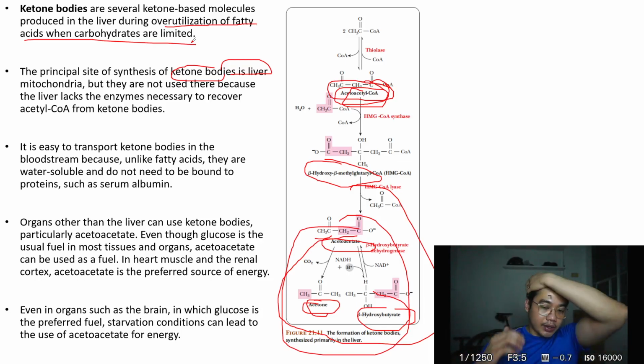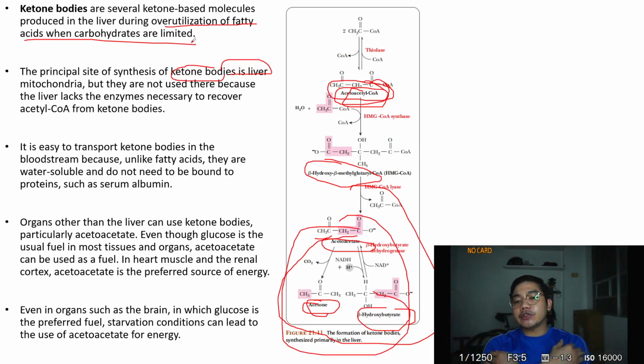So like I said earlier, in comparison to your lipids, you need your lipoproteins to carry around your triacylglycerides and cholesterol. Your ketone bodies are somewhat water soluble, so they can freely pass through the plasma.